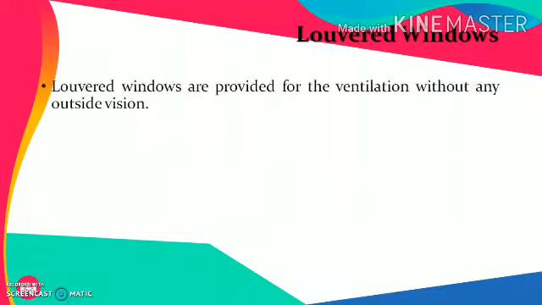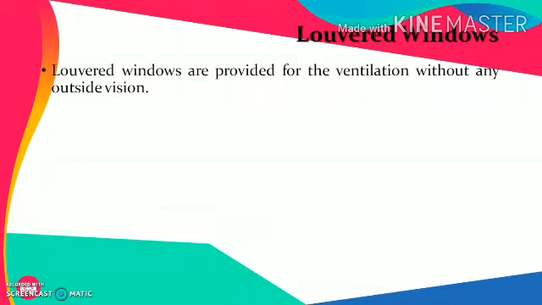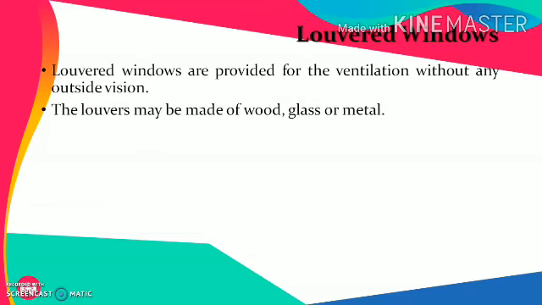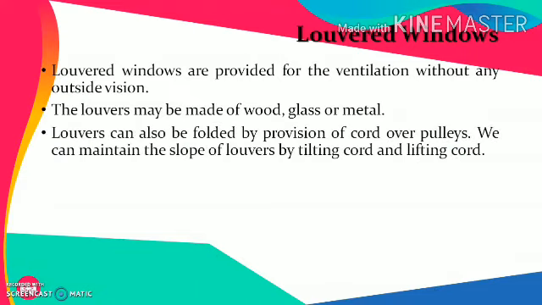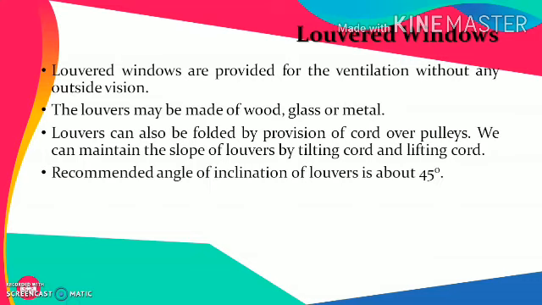Louvered windows. Louvered windows are provided for ventilation without any outside vision. The louvers may be made of wood, glass, or metal. The louvers can be folded by provision of cord over pulleys. We can maintain the slope of louvers by tilting cord or by lifting cord.